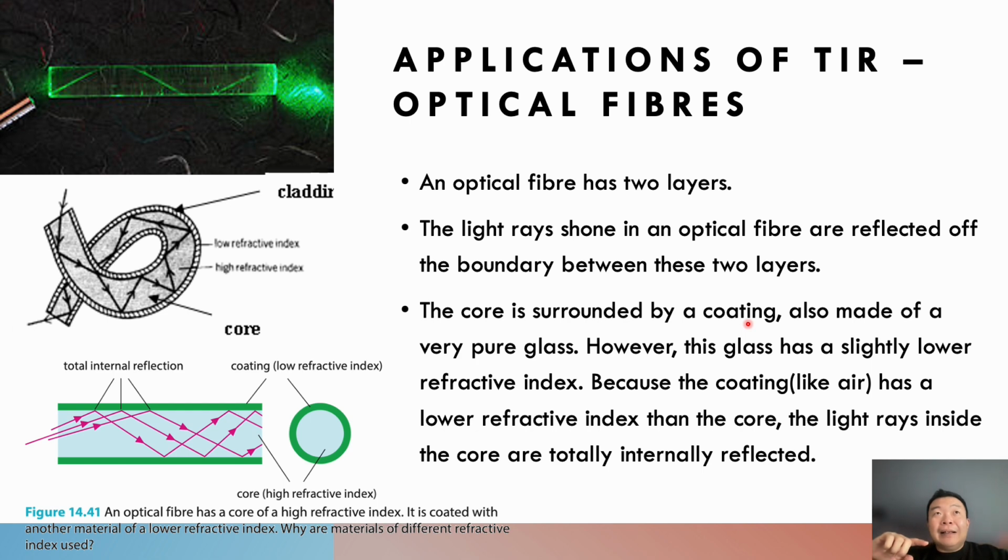So when the laser light travels within the core, it's actually traveling in the optically denser medium, and when it tries to exit the core into an optically less dense medium, that's the first criterion for total internal reflection. And by adjusting the angle of incidence of the laser within the core itself, you can create total internal reflection when the angle of incidence is more than the critical angle.